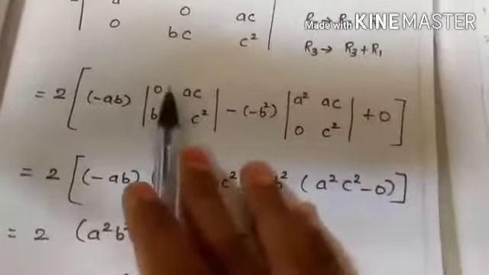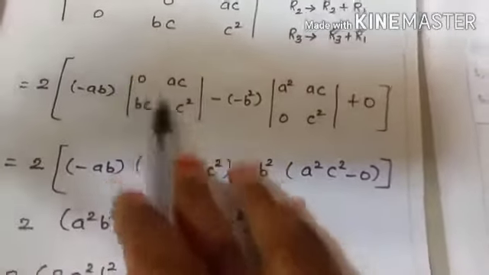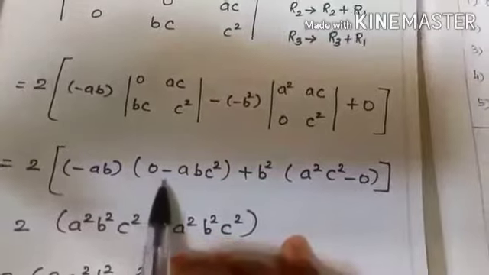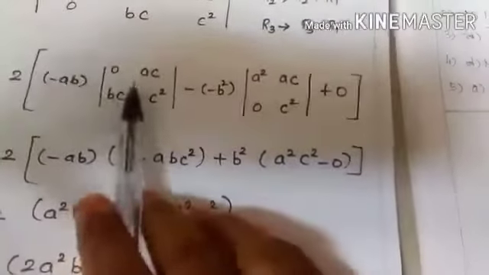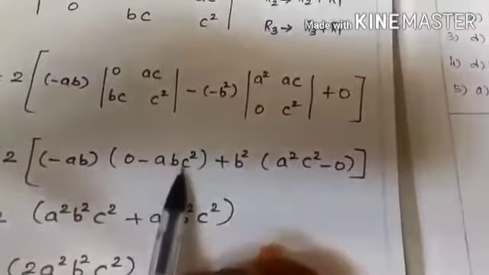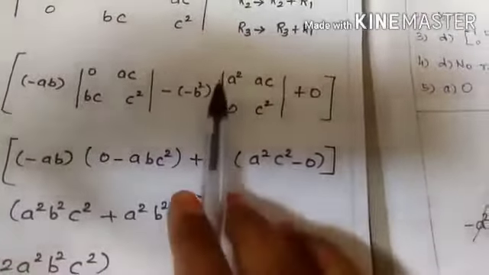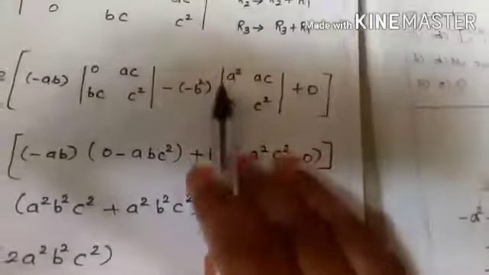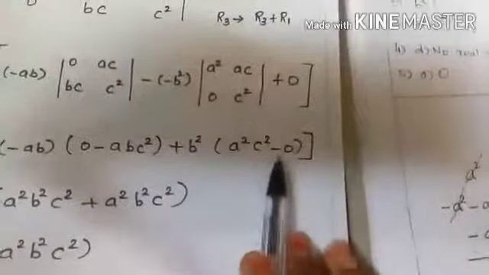The value of this determinant is product of main diagonal minus product of subdiagonal. So 0 into C squared is 0, minus AC into BC, so ABC squared. AC into BC is ABC squared. Next minus of minus plus B squared into the value of this determinant, A squared into C squared is A squared C squared minus 0 into AC, 0.